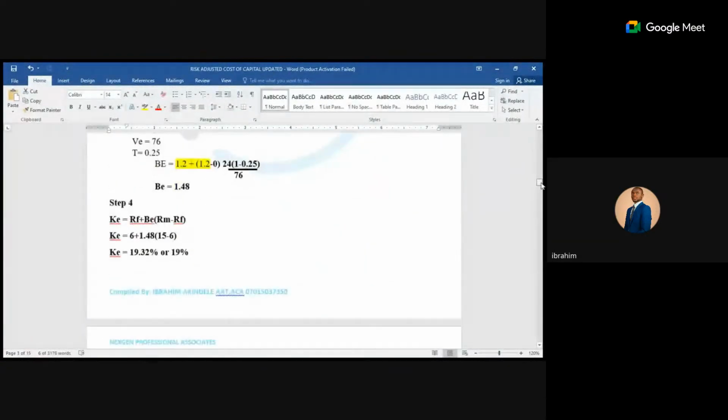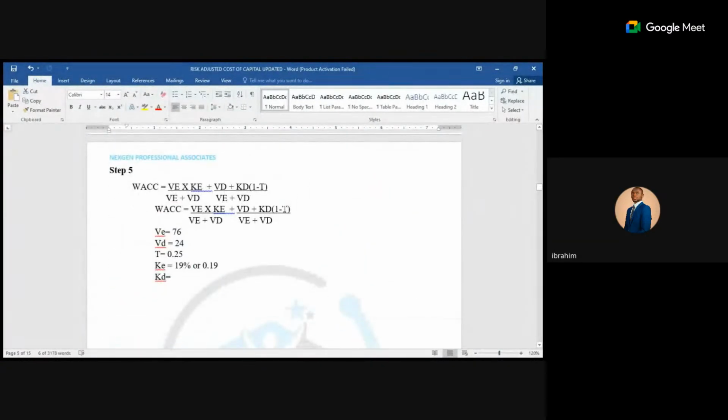So you don't need to include that 1 minus T. It is only when it is pre-tax that you will say 1 minus tax rate, so that there will be a tax relief on the cost of debt. Don't forget, under the debt, there will be a tax relief on it.